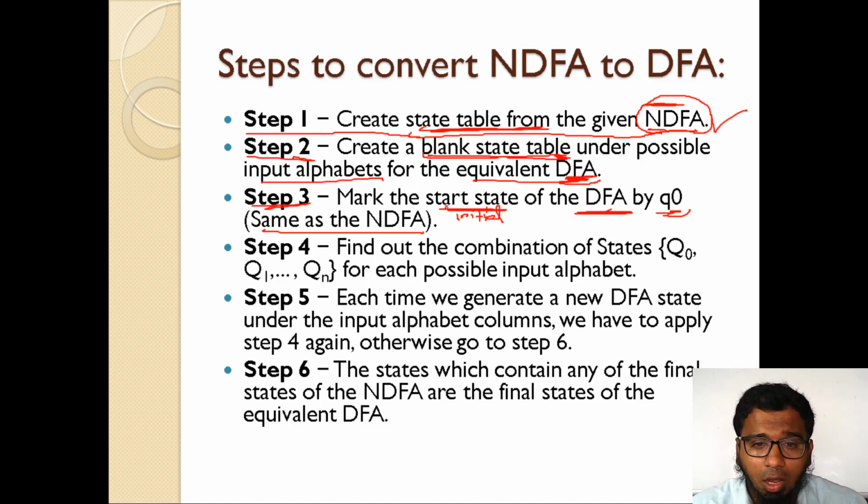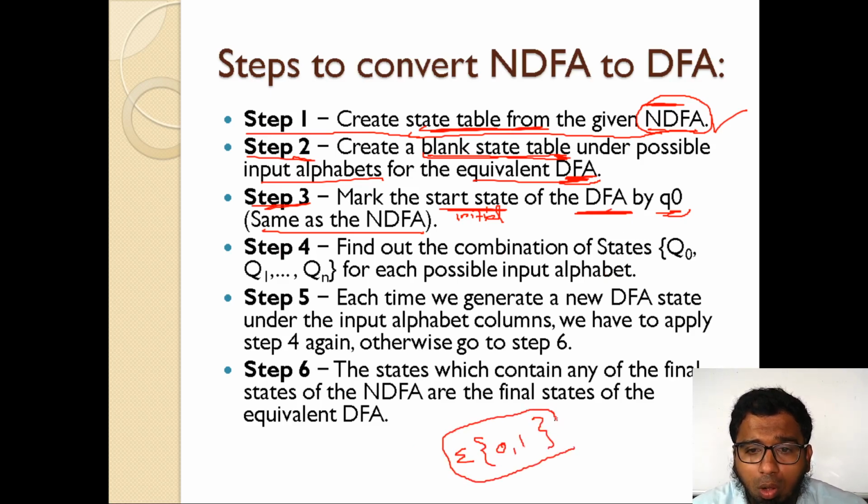Okay. This is the third point. Now, the fourth point, first find out the combination of states Q0, Q1, and so on to Qn for each possible input alphabet. So, how many alphabets do you have in the sigma? You need to find all the combination states from Q0 to Qn for each possible input alphabet.